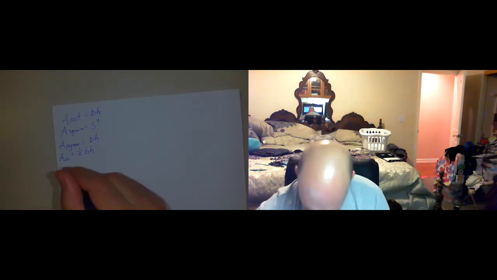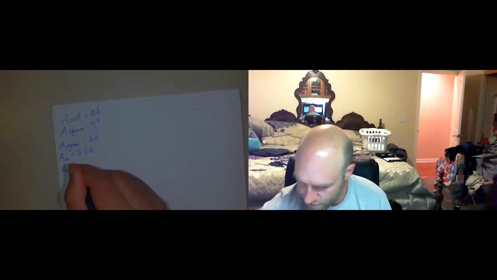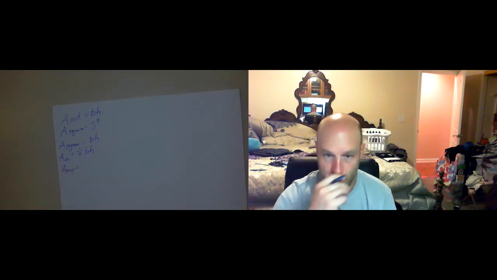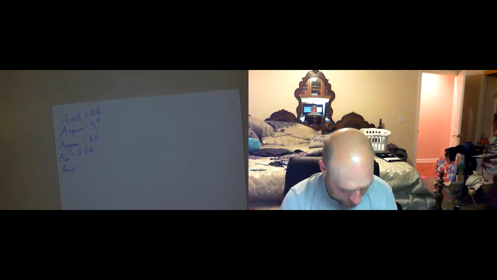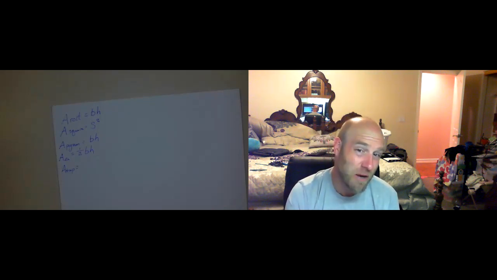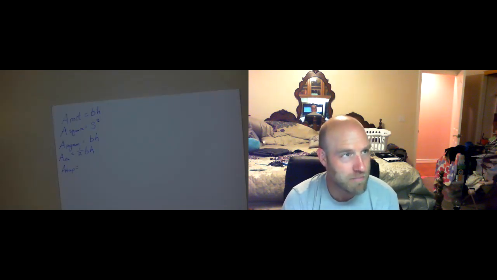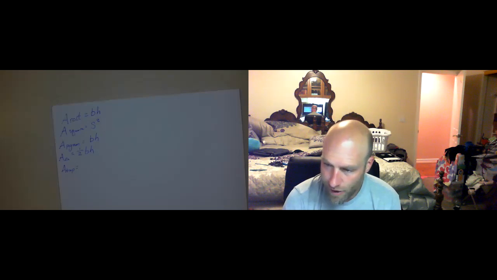So 11.3 starts with the area of a trapezoid. And there are two different formulas for it, and a bunch of different ways of saying it or writing it, some of which I prefer, some of which I don't, and none of which are even completely necessary, because you can always take a trapezoid and break it down into rectangles and maybe one or two triangles.